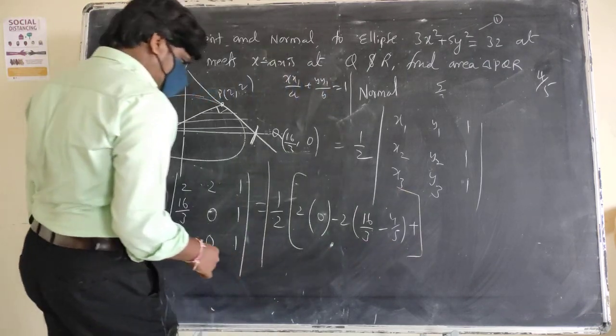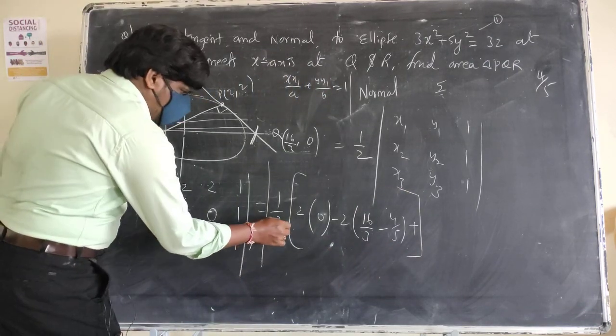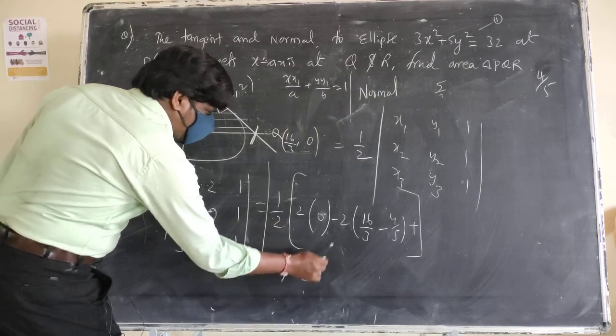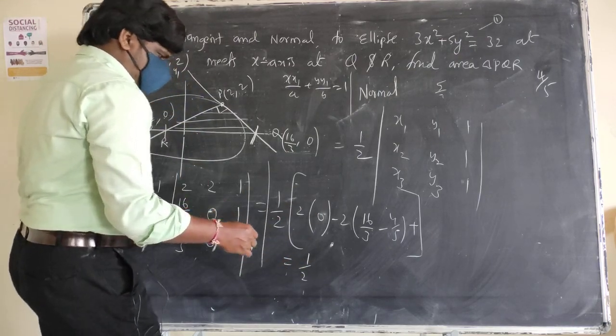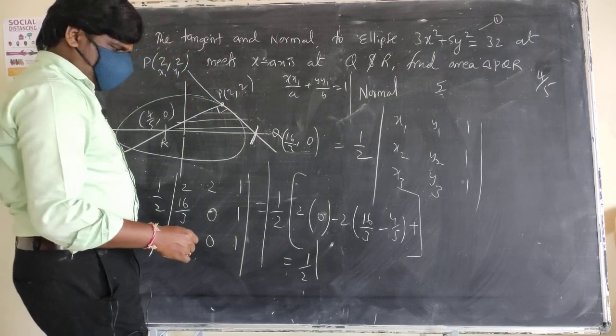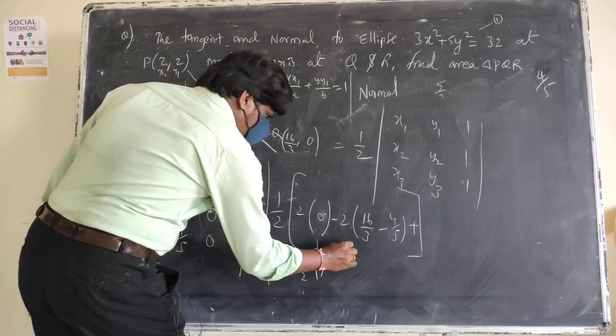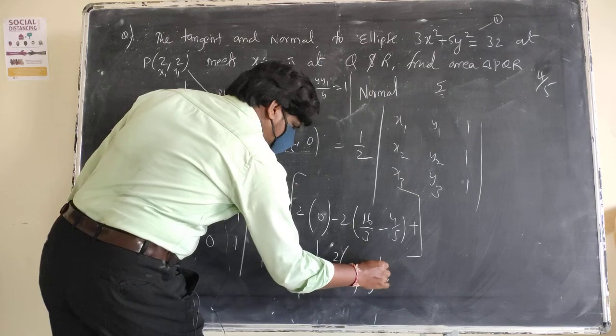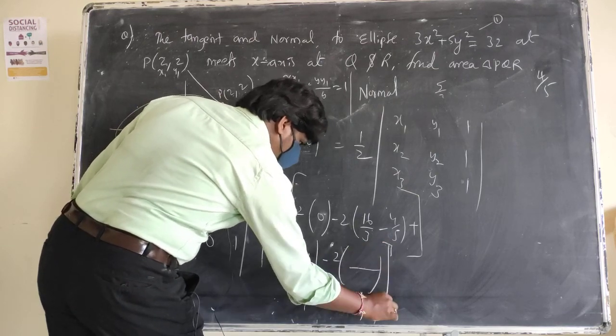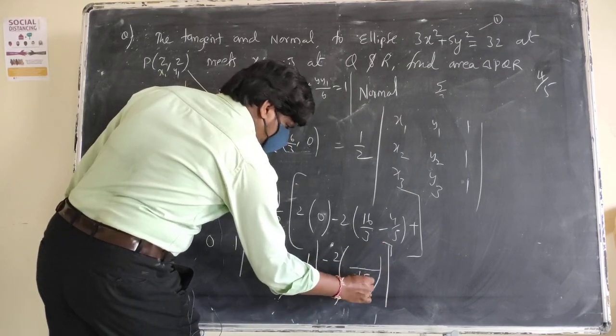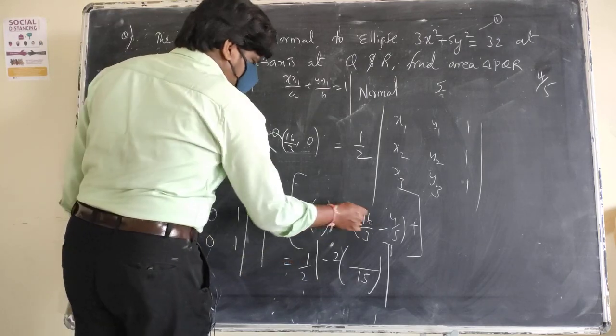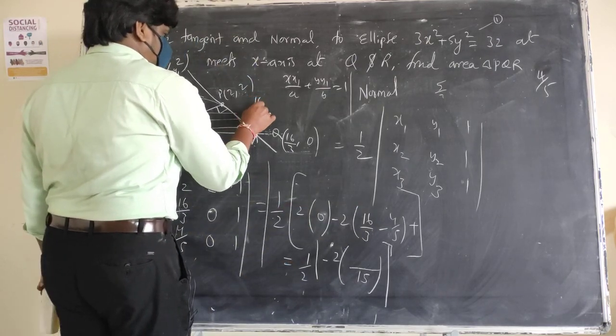So finally what answer am I getting? 1 by 2, 2 into 0 is 0, and since modulus, minus should not be taken. Minus 2 into this, I am going to get it, correct? So 5, 3, LCM 15. 16 5s are 80, right?